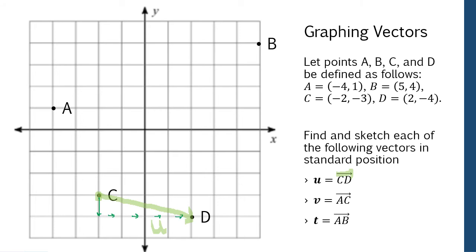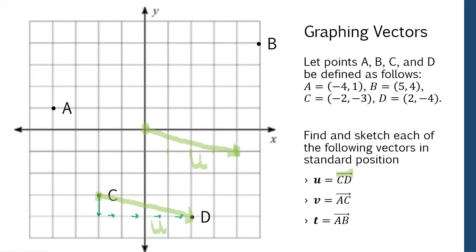So if we want to draw the same vector starting at the origin, we would place our starting point at the origin and then go down 1 unit and to the right 1, 2, 3, 4 units. And then connecting the dots, that would also represent vector U, but now drawn in its standard position. You can see that both of those arrows have the same length and the same direction. It's just been moved to that standard position starting at the origin.